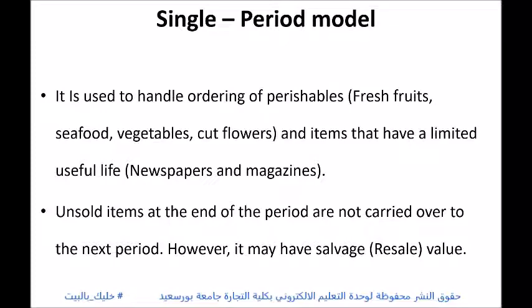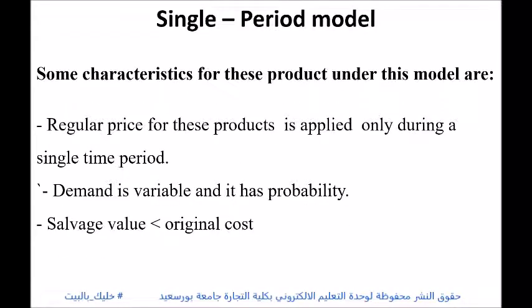For example, week-old newspapers are inexpensive compared to newspapers offering fresh news. So we ask here, how many of these products you should order to maximize your expected profit? This model is very suitable for products that are highly perishable, like milk, vegetables, fruits.